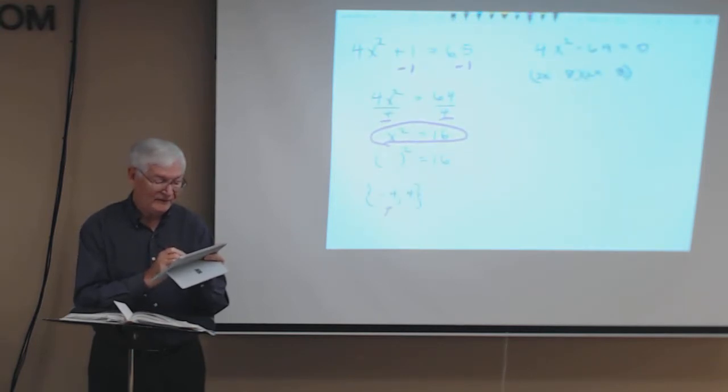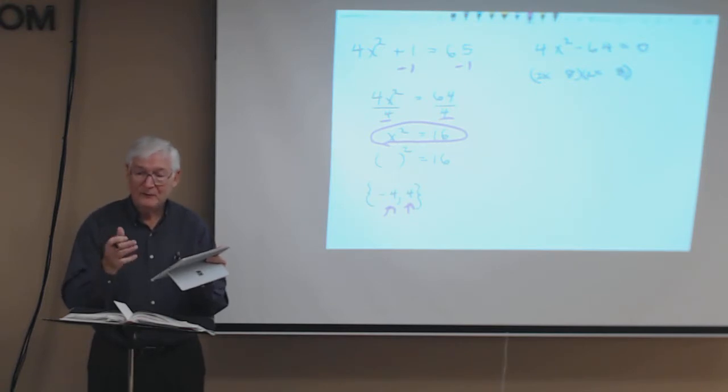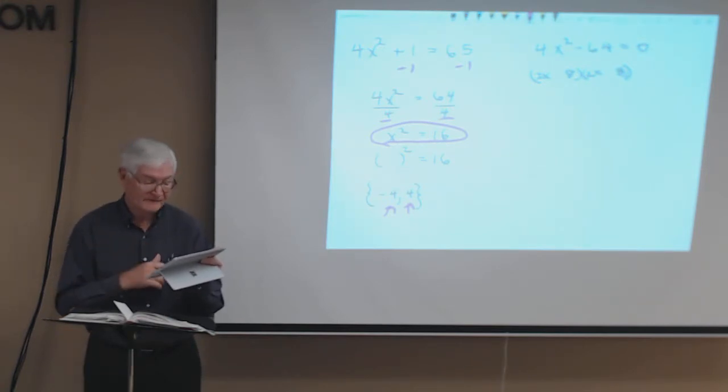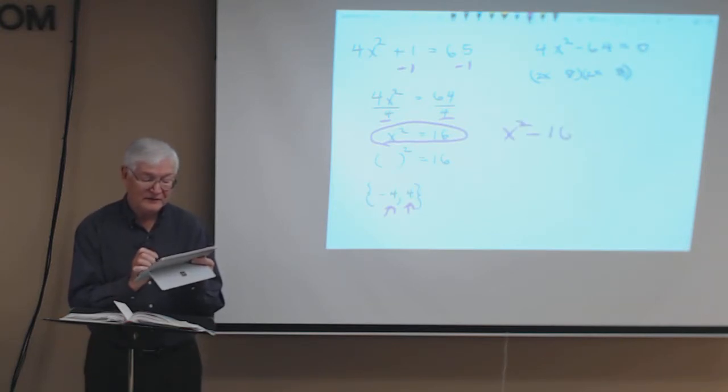Negative 4 and 4. Everybody follow that? Negative 4 times negative 4 is 16. Positive 4 times positive 4 is 16. So I have two solutions. Now, the textbook, again, will have this as x squared minus 16 equals 0. Then you make your two parentheses.